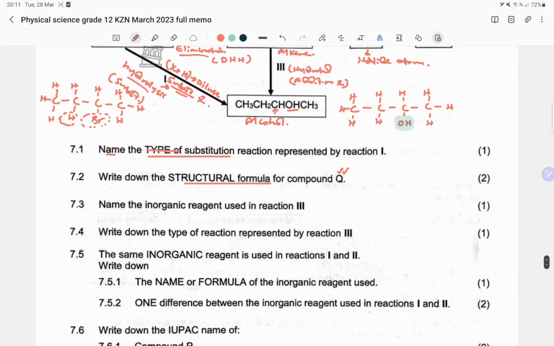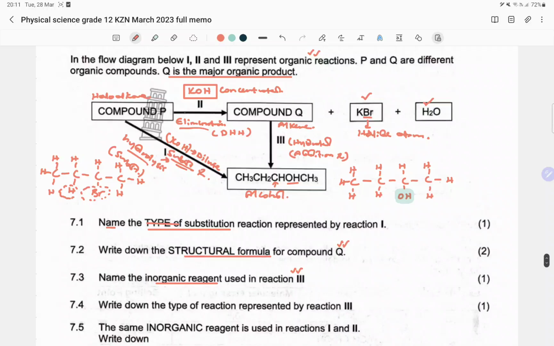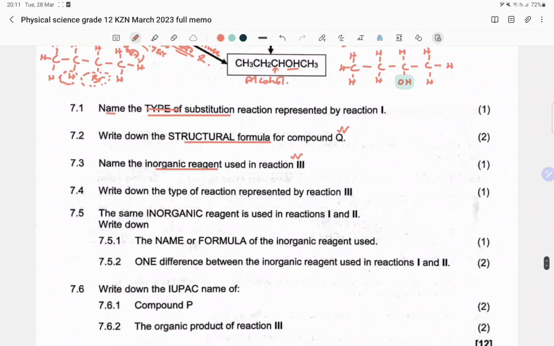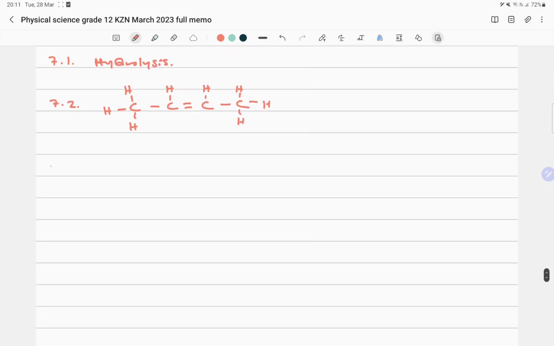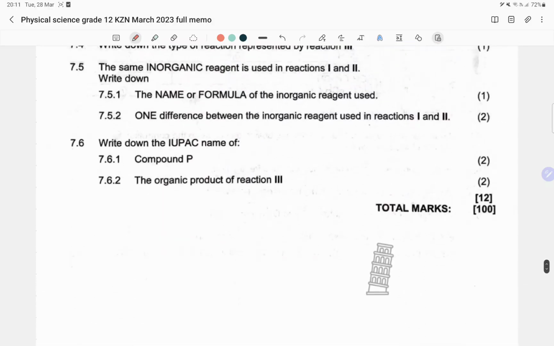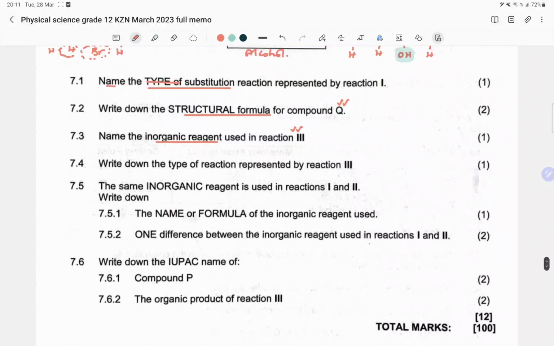Name the inorganic reagent used in 3. The inorganic reagent used in 3 here, if we hydrate it, it's H2O. So they said name, so it's water. Okay, I don't know what happens if you write the chemical formula. Anyway, that's the story.